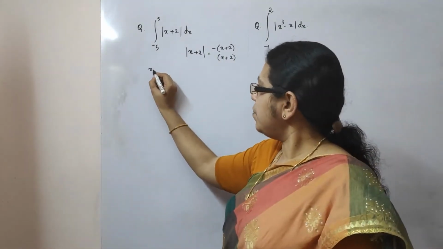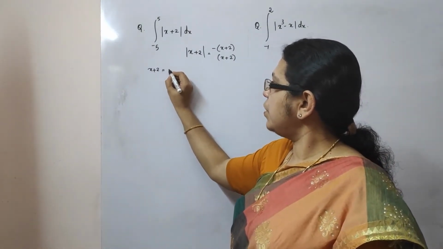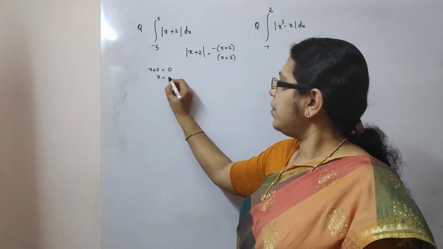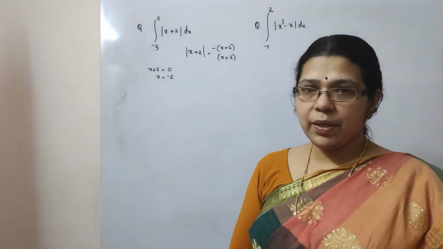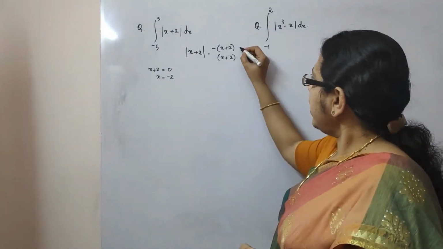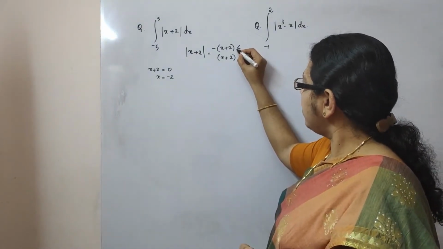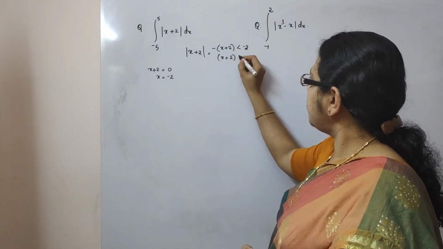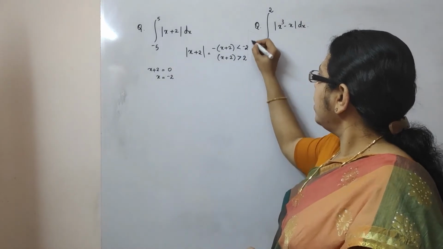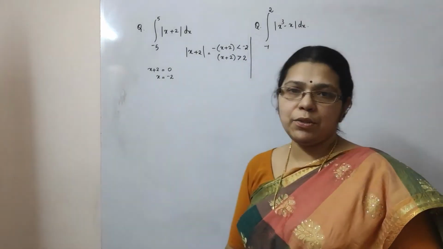That is when I substitute x plus 2 equal to 0, I have the value of x equal to minus 2 as the turning point. So I write this for x less than negative 2, and the positive values are for the values greater than negative 2.